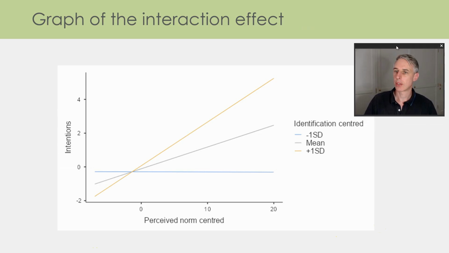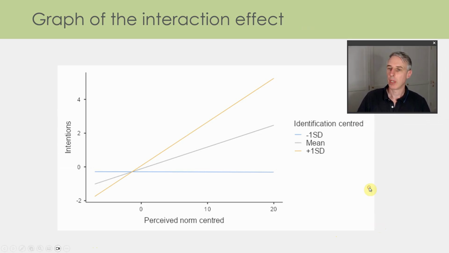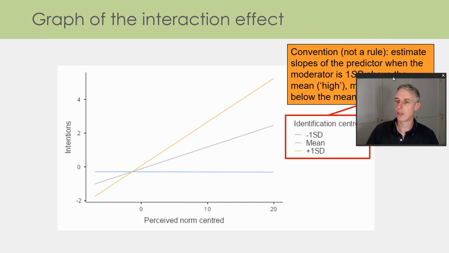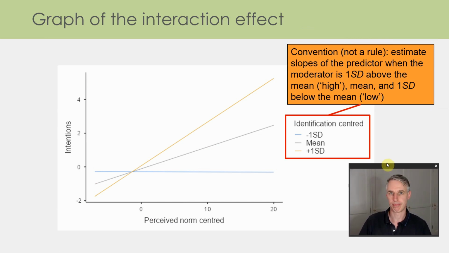Just turning to that figure that we asked for, I just want to point to a convention, not a rule, but a convention, and that is to estimate the slopes of the predictor variable. Remember, the steeper the slope, the stronger the effect, the stronger the association. So the slope here is of the effect of norm as you move from low to high, broken down by different levels of the moderator variable, identification.